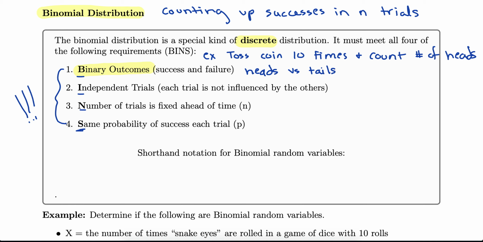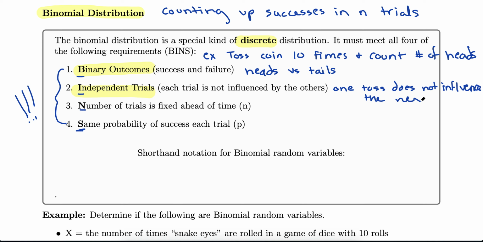The next item here that must be met is our trials need to be independent, meaning in our case, one coin toss doesn't influence the other. So I'll just say that here, one toss does not influence the next.